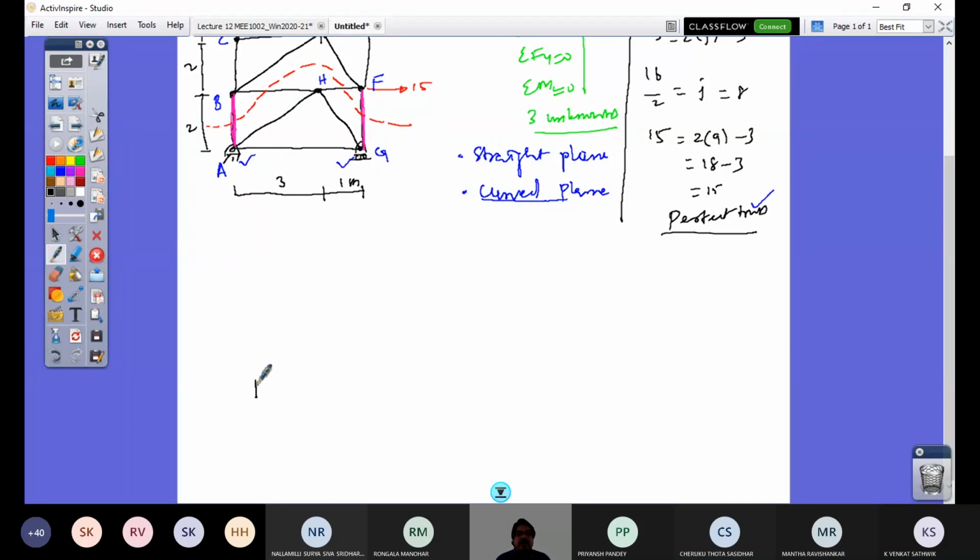So I have this member, then a dotted line, this joint, dotted line, then the member above which I have this. Just redraw this.